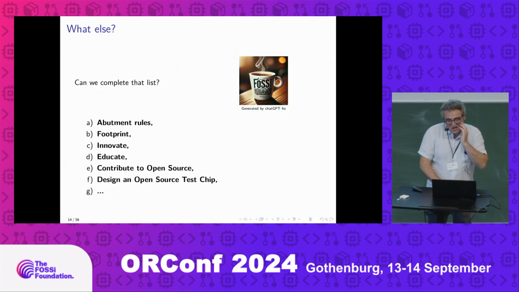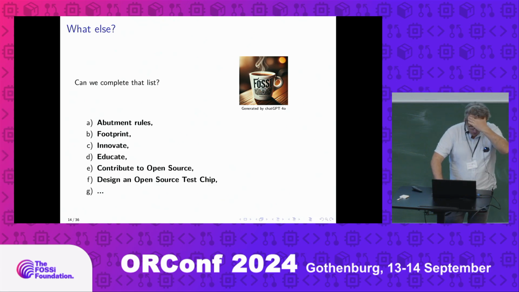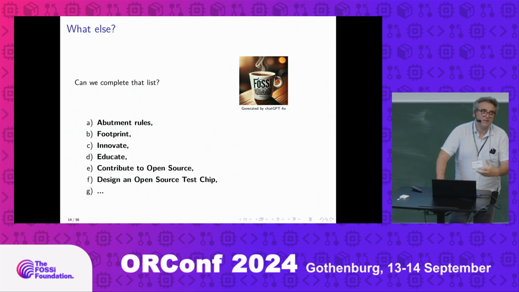So if you look at all those steps, maybe you could add some. If you have some experience in designing libraries, you could add some points. Maybe abutment rules. When you design standard cells, you want them to fit all together when you place them.